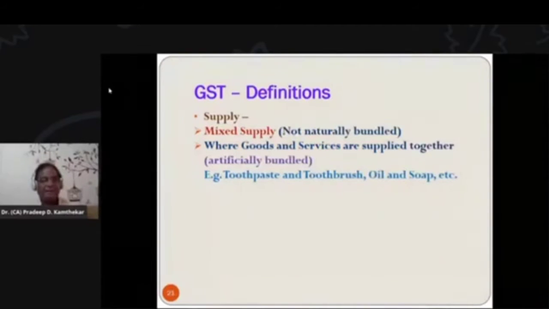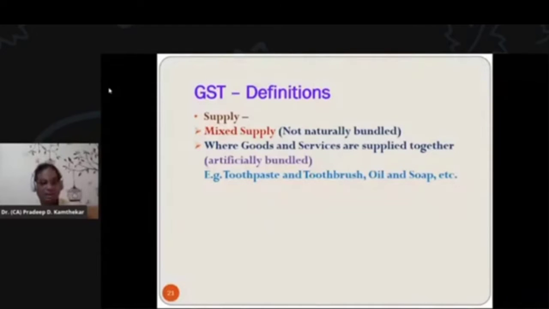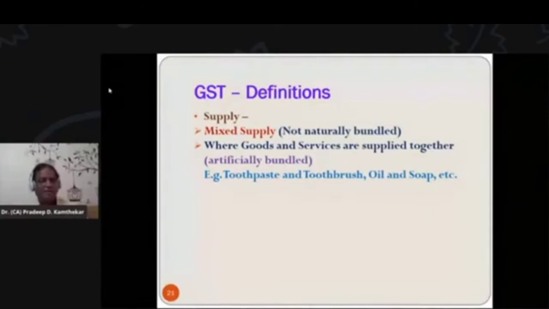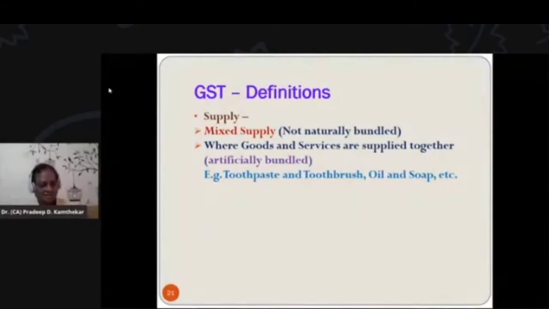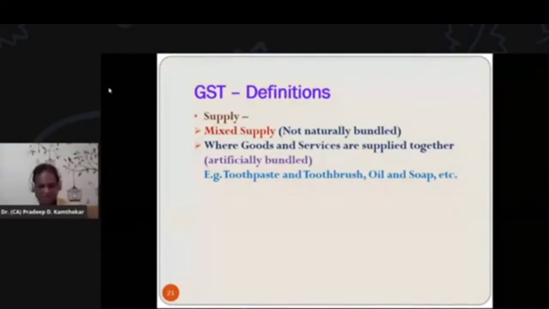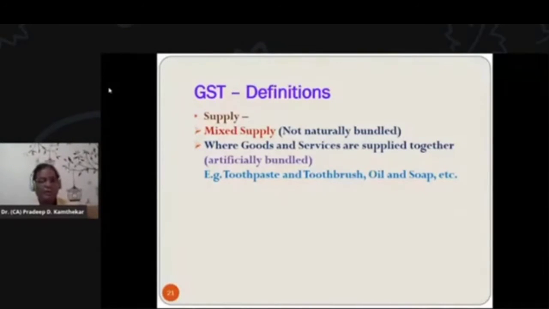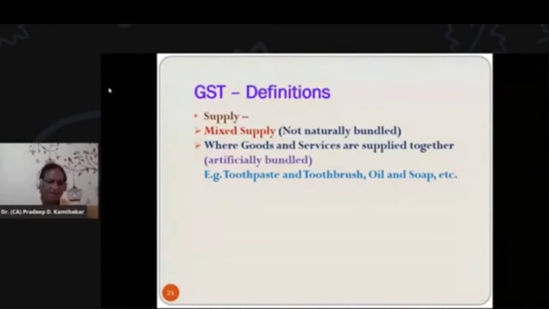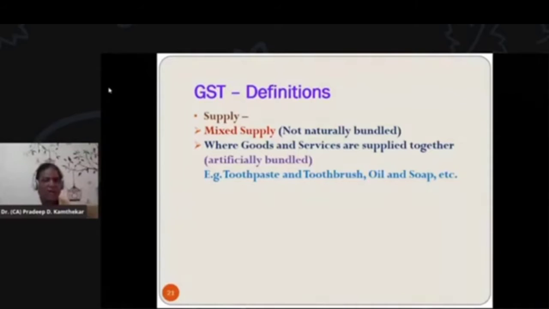Now we have to understand the next type of supply, mixed supply. Mixed supply means the goods and services are given in combination to the consumer, but they are artificially bundled. They are not naturally bundled. For example, when we go to buy toothpaste, and along with that we are given a toothbrush, given together, or when you go to buy oil and you are given soap along with that, tied together, given as one product.